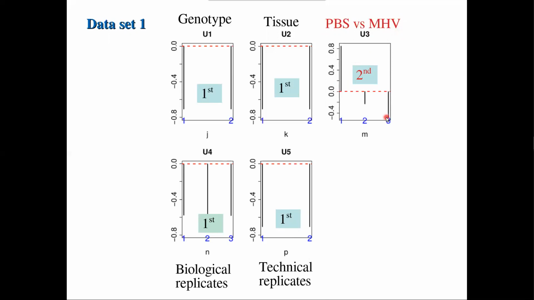So we decided to employ the combination of the first genotype vector, the first tissue vector, the second control and MHV infected mouse vector, and the first biological replicate vector, the first technical replicate vector.